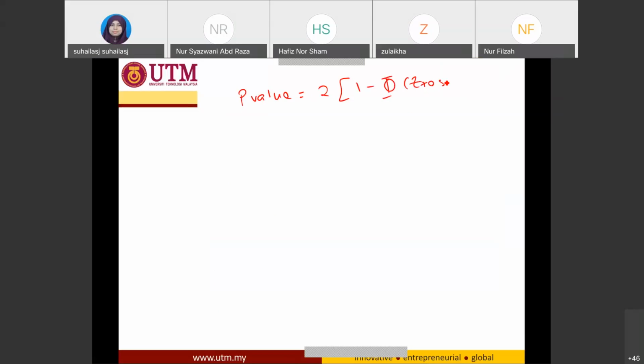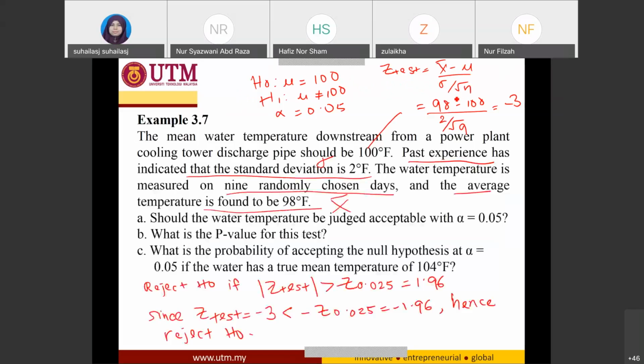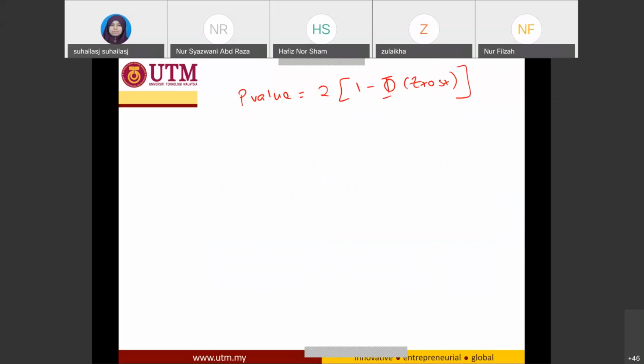So this is the formula. The Z test we already have is minus 3, so you get phi of minus 3, which is the probability Z less than or equal to minus 3.